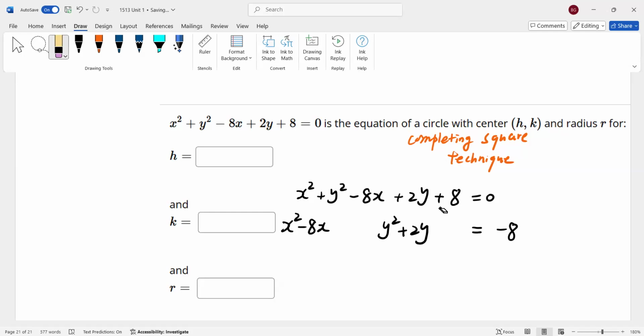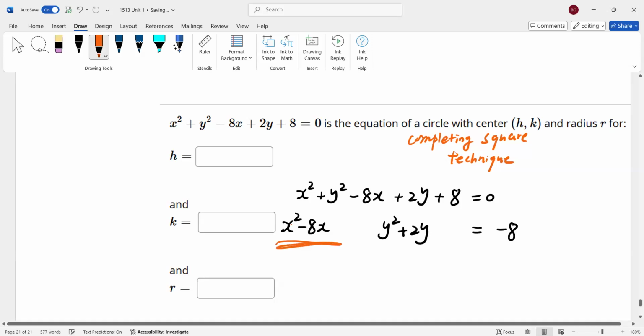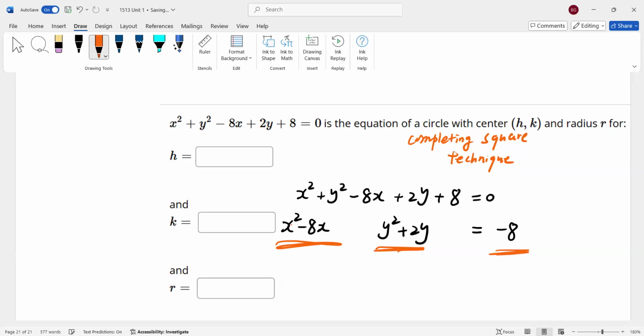So far, we grouped the terms with x here, and then we grouped the terms in y right here, and then we moved the constant term to the right side of the equation. Then what do we do? We are going to complete the square.